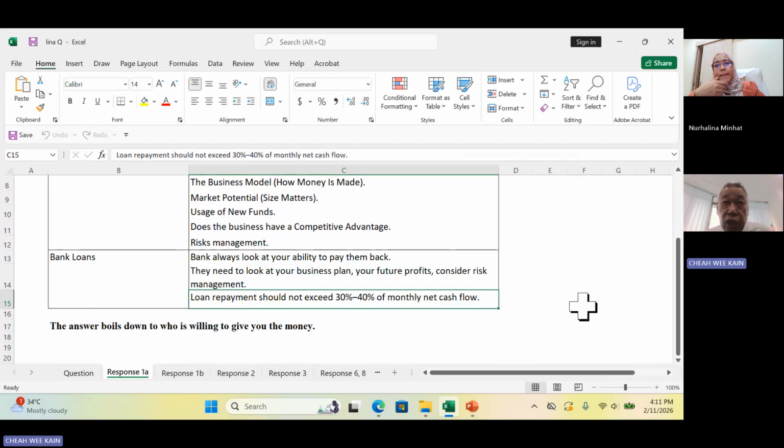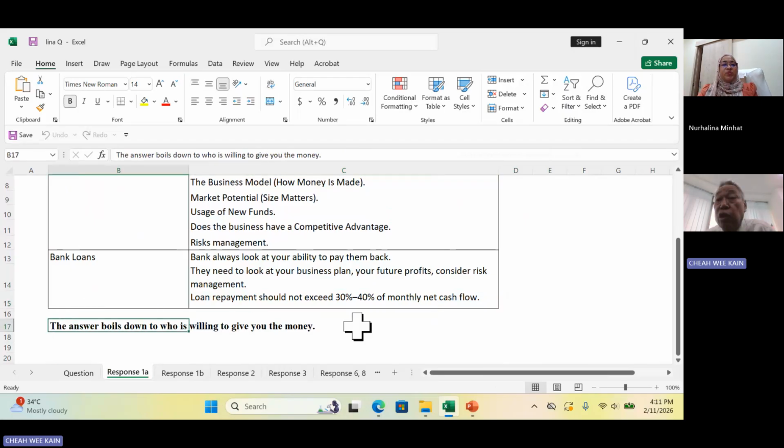And for that $8, how many years of loan, and what is the loan amount? So if you ask for a certain amount, let's say 1 million over 10 years, they will calculate and see what loan amount you can get. Based on whatever is required, they will then look at the income. So the answer boils down to who is willing to give you the money.